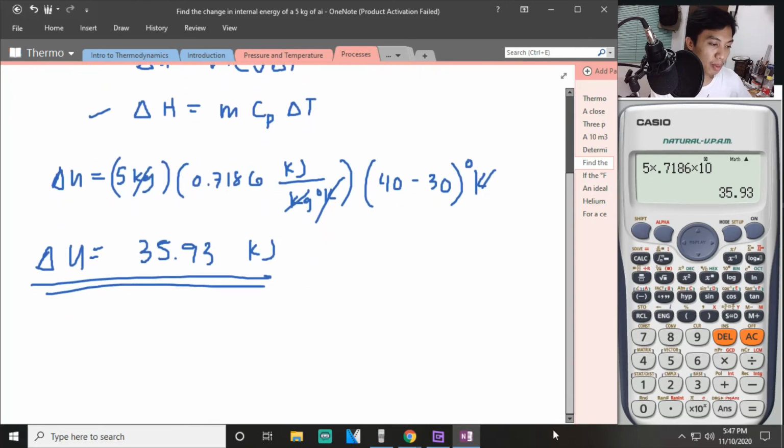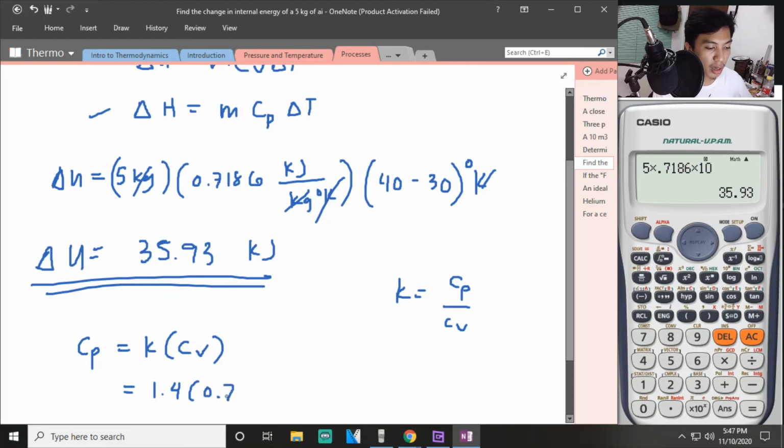Sir, paano naman kapag, hanapin natin si CP muna. CP, kung hindi natin alam, di ba ang k is equal to CP over CV? O di CP is k times CV. Ano ba yung k natin? 1.4 times 0.7186 kilojoule per kilogram degree Kelvin.